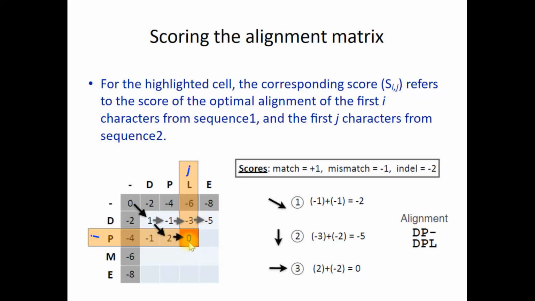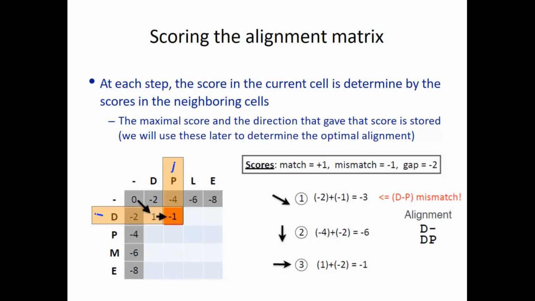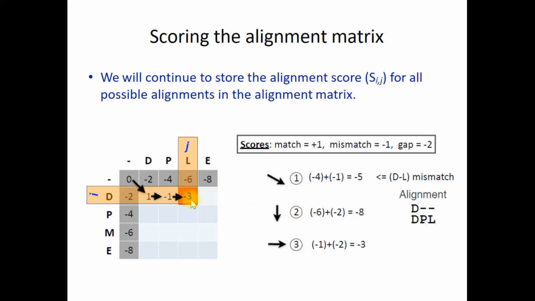Then the third orange cell. Same, we don't look at anything else, just look at the 3 cells around this orange cell. Diagonal direction -4, and the L and D mismatch -1, -5.